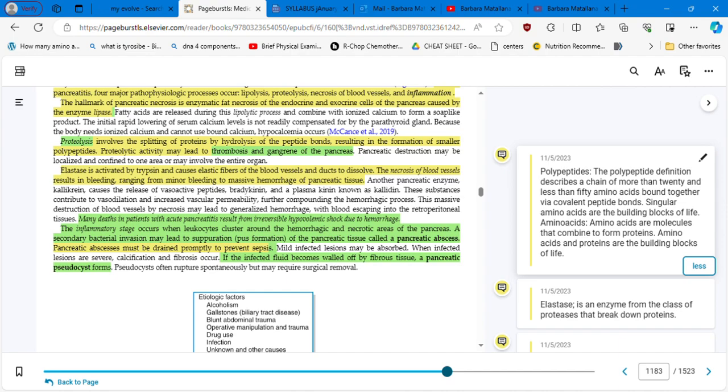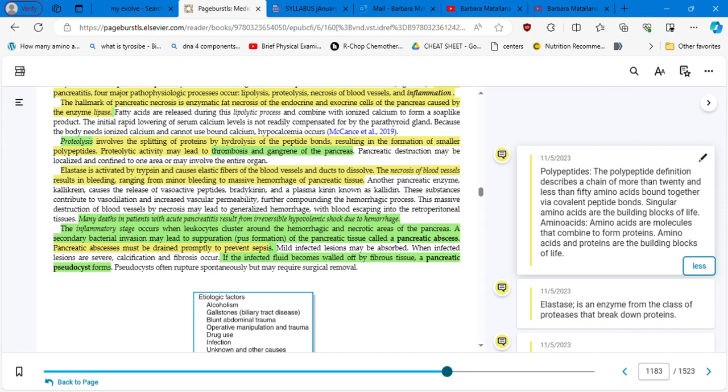Polypeptides are multiple little pieces of amino acids, okay? Proteolytic activity may lead to thrombosis and gangrene of the pancreas. So since they are multiple pieces of proteins, these can cause thrombosis and gangrene of the pancreas.